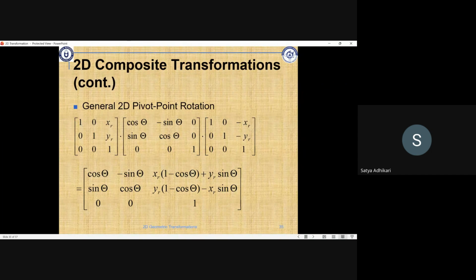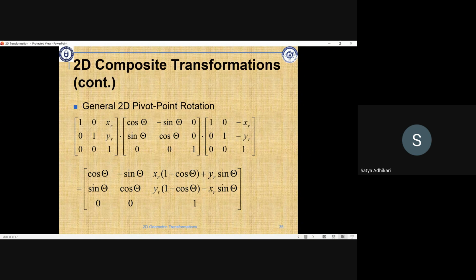If we multiply these, you will get the resultant matrix by taking xr and yr common. So that is what I have done here. First we translate, then rotate, then translate again.